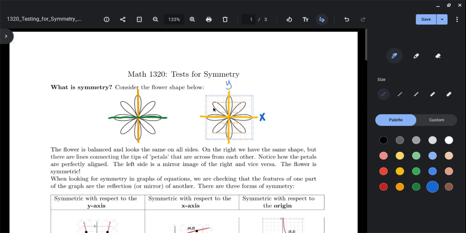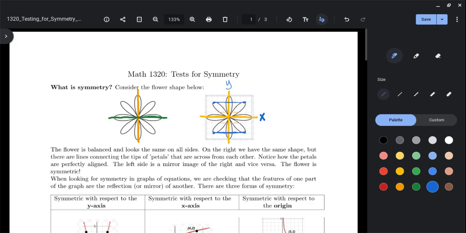If I were to compare my flower across the y-axis, I can see that the tips of my petals, this one on the left and the one on the right, are at the same height. Or in other words, I can connect them with a perfectly straight horizontal line. Same thing with the petals on the bottom half of the flower. The tips of them are at the same height, straight across from the y-axis.